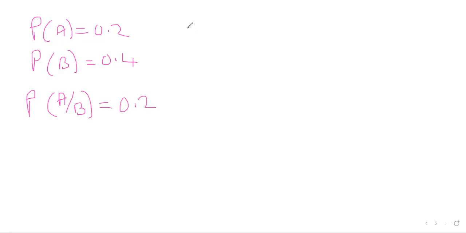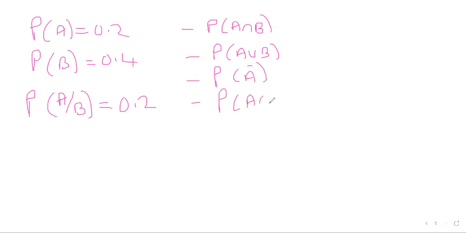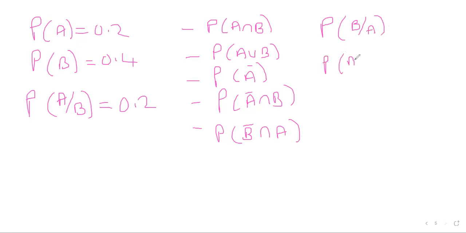Then you're being asked to find the intersection of A and B, the union of A and B, the complement of A, the complement of A but B, the complement of B but A, the probability of B given A, the probability of A given B, to know whether they're mutually exclusive, and to know whether they're independent.